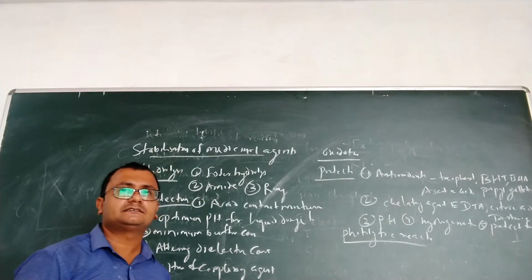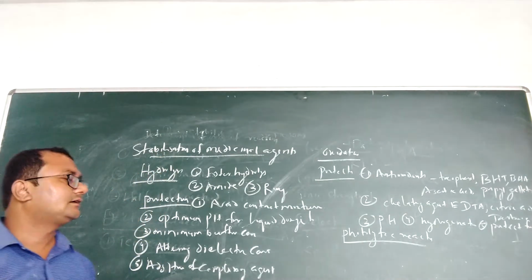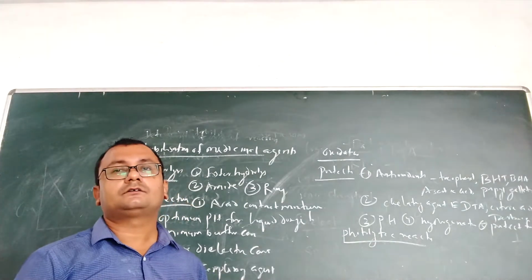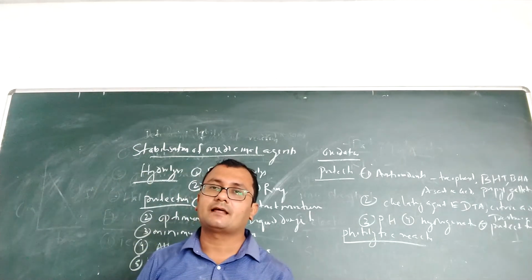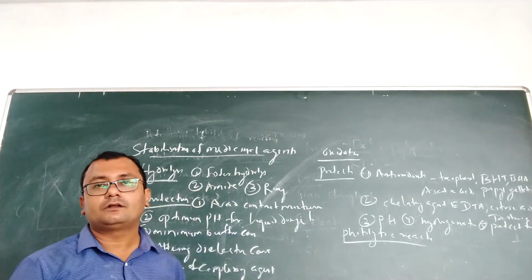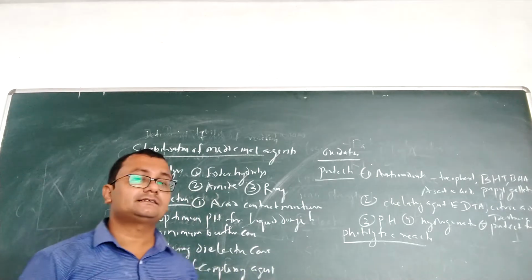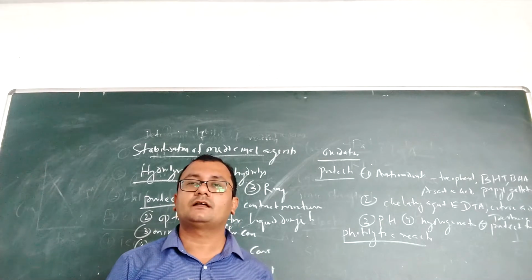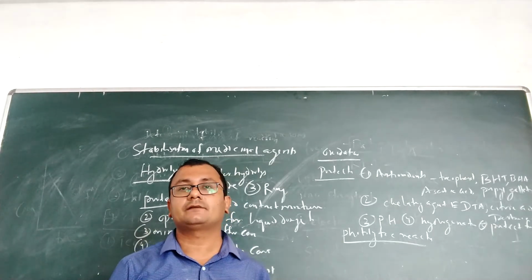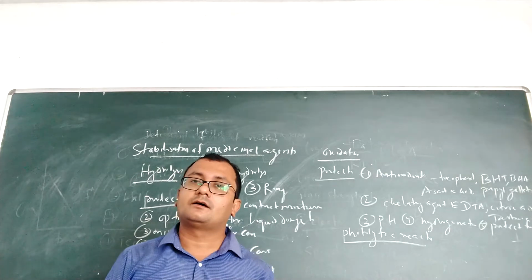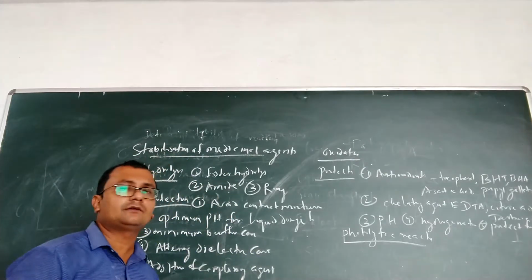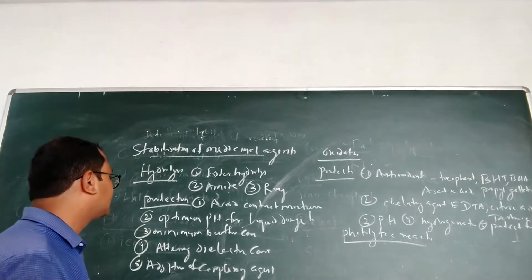The first thing is to avoid contact with moisture, particularly for solid dosage forms. When we are preparing tablets, capsules and powders, we need to prevent them from moisture during formulation, processing and packaging, so that we can prevent the hydrolysis process.